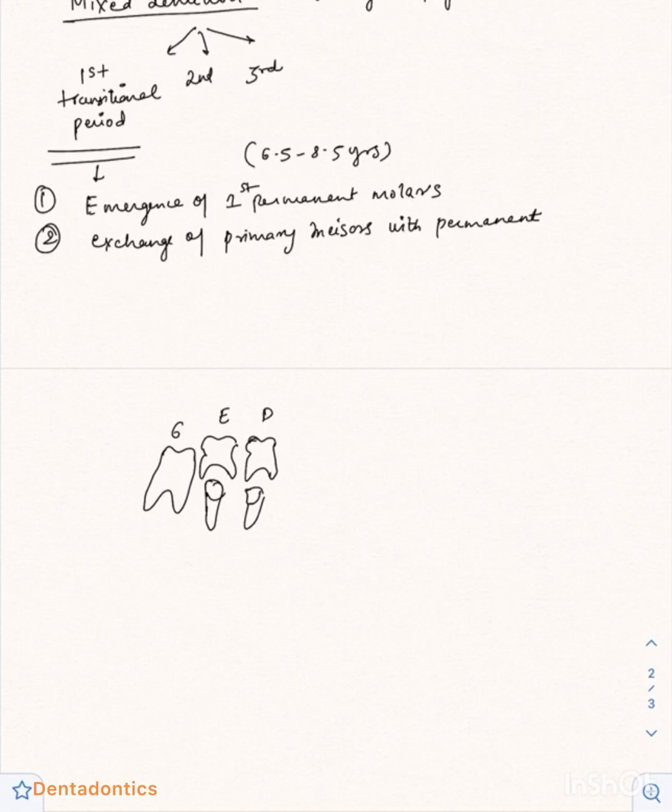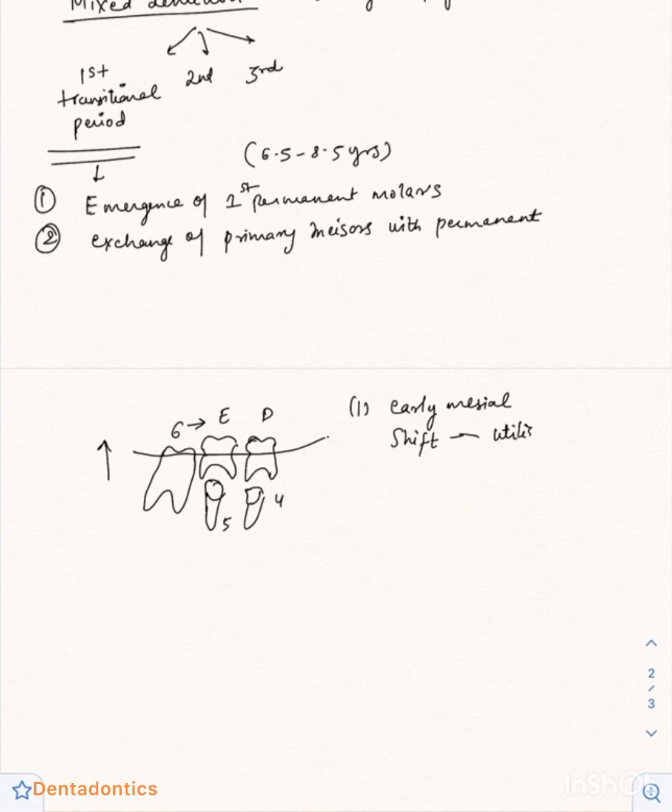So when the first permanent molar erupt, they try to push the primary second molar and utilize the primate space, which is known as early mesial shift.